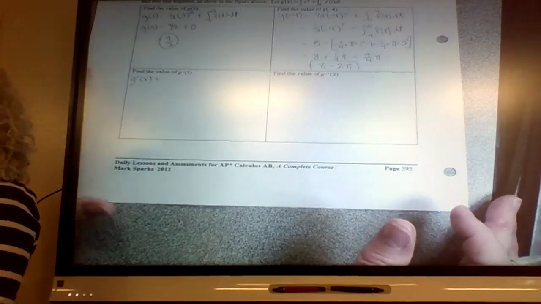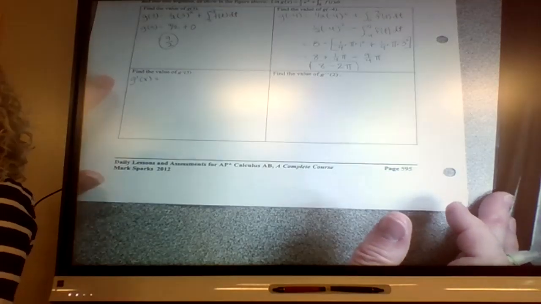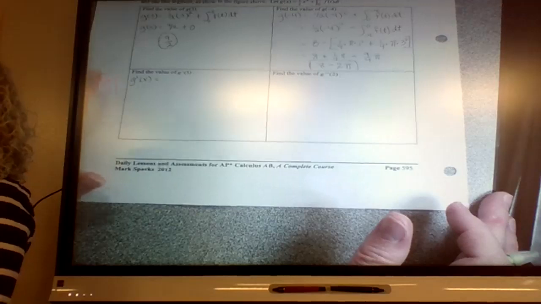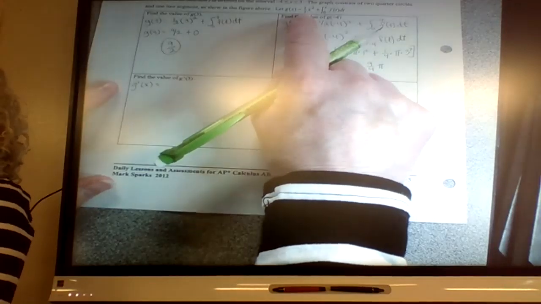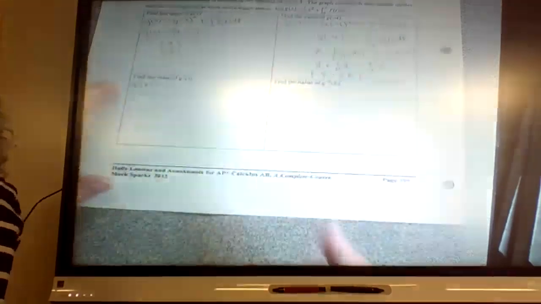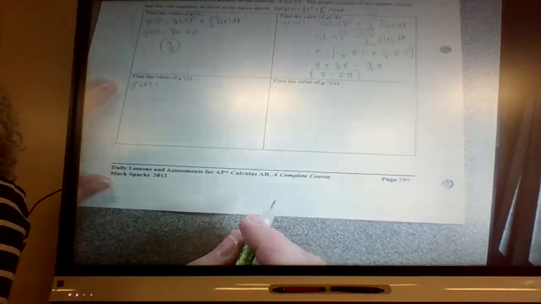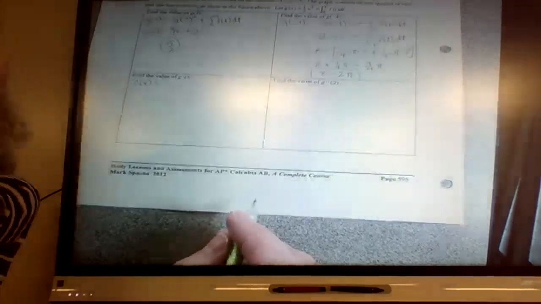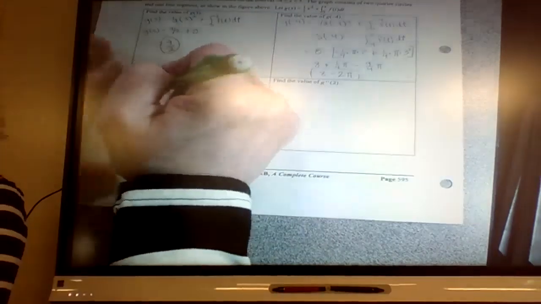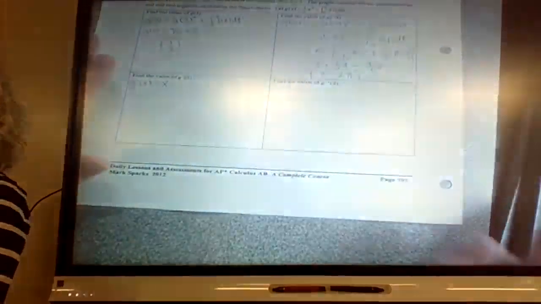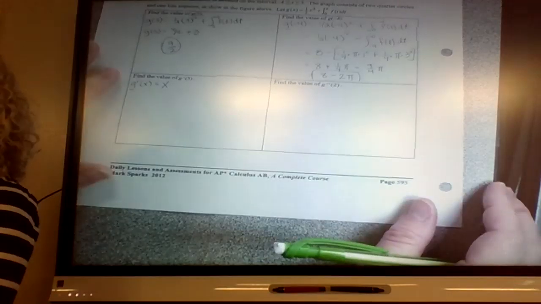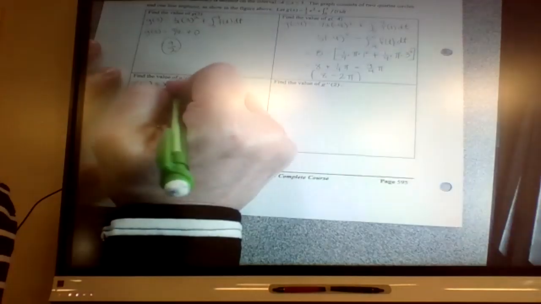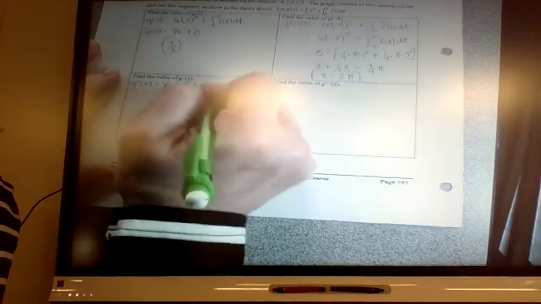All right, so g prime of x. Gotta find that before I can find g prime of 3. What's the derivative of 1/2 x squared? X. Yep. What's the derivative of the antiderivative? It's just the function, and then times 1.